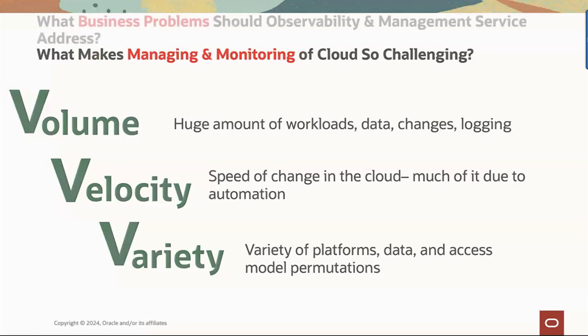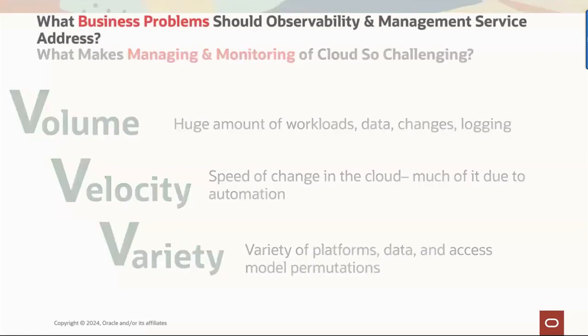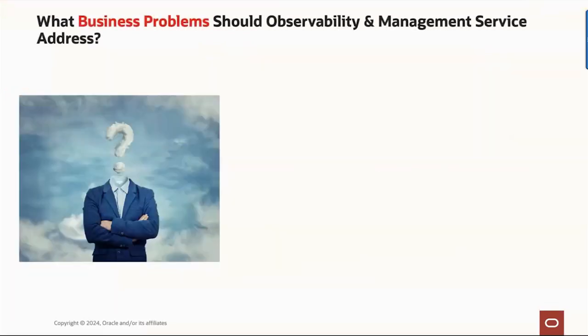Any observability and management service should address some business challenges. At a very high level, many enterprises may have very siloed observability tools, for example, having one tool to monitor one set of applications and another tool to manage another set of workloads.